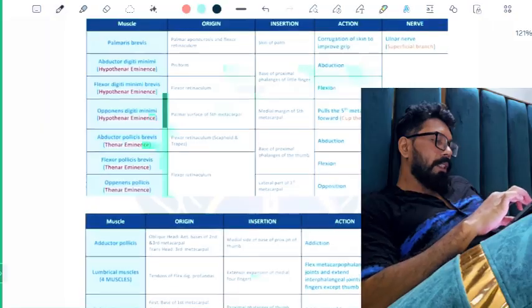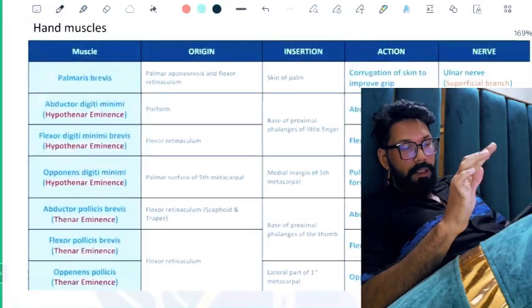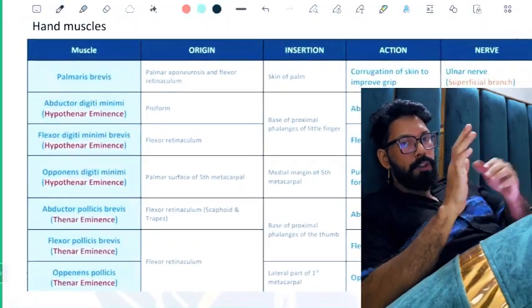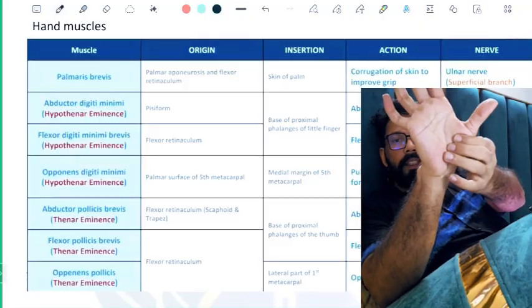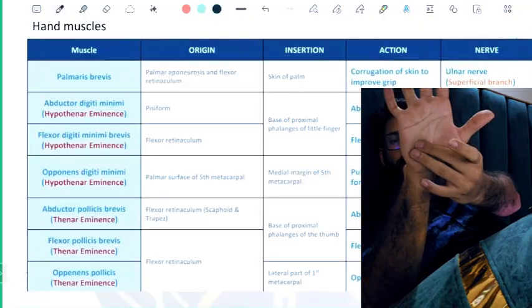Then we have thumb muscles, hand muscles. What do we have in the hand? I have shown you that we have the thenar eminence and the hypothenar eminence.